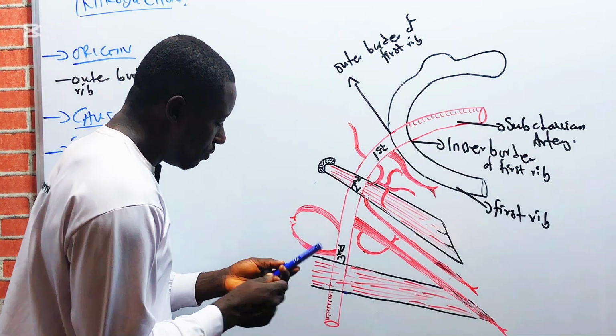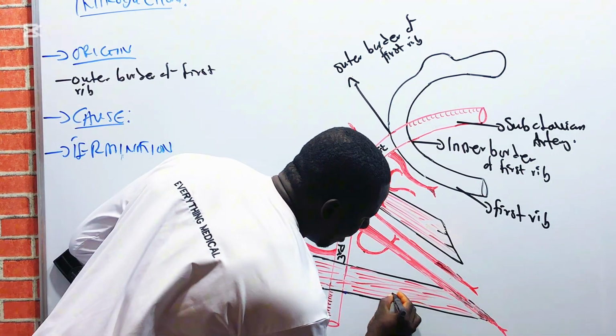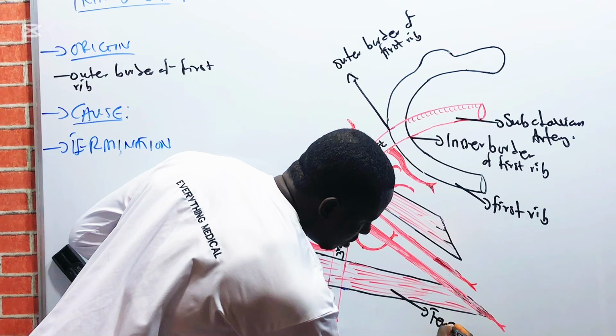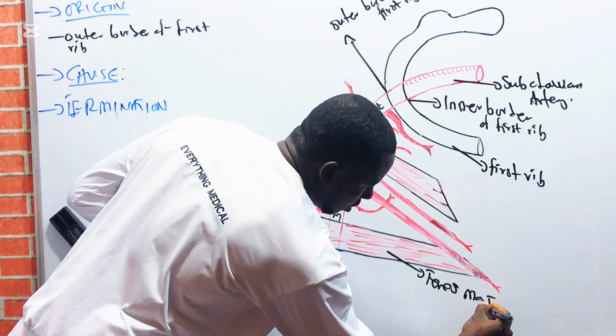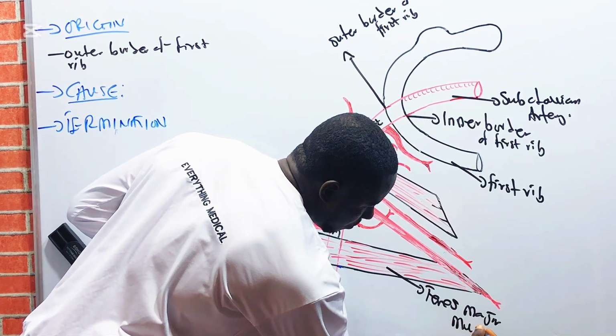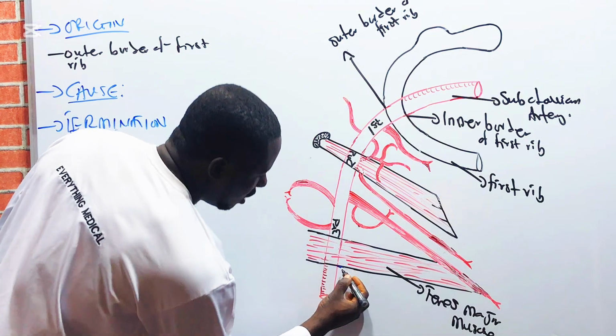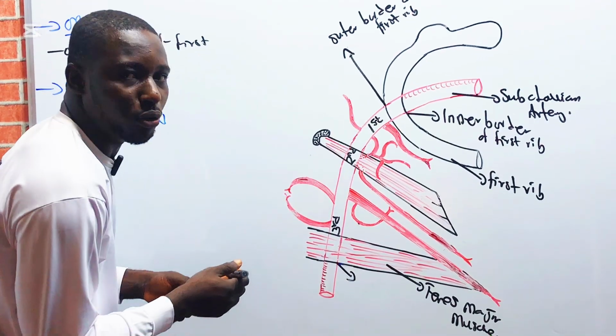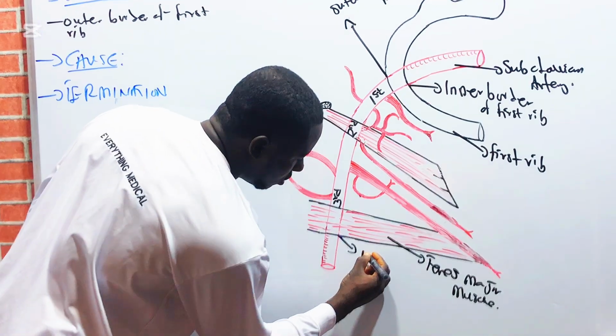So this is our teres major muscle. Here is the inferior border of the teres major muscle.